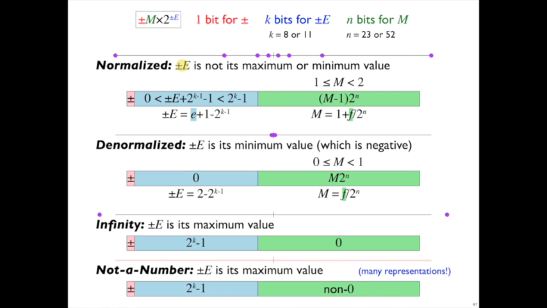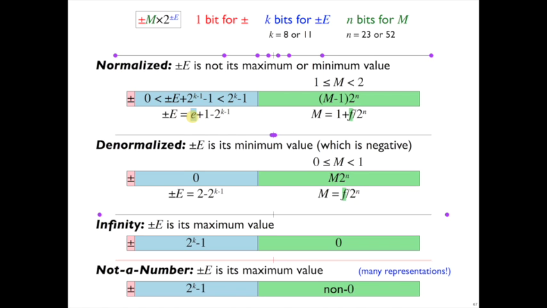The first case is called normalized, and that's when the way we represent plus or minus e is not at its maximum or minimum value. Since we're using k bits, our representation of e we can think of as an unsigned number between 0 and 2 to the k minus 1. So we call that number e.